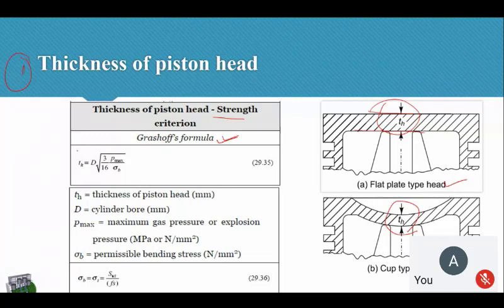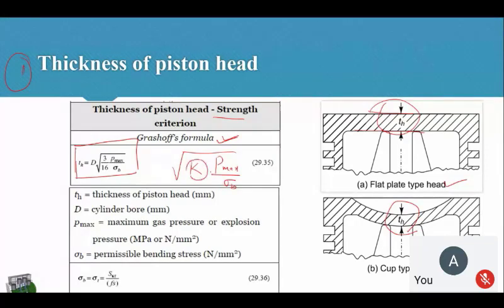Mr. Grashof said that the strength equation for designing the thickness of piston head is TH equals D times the square root of K times P max by sigma B, where K is a constant whose value is 3/16, P max is the maximum gas pressure, and sigma B is the permissible bending stress.